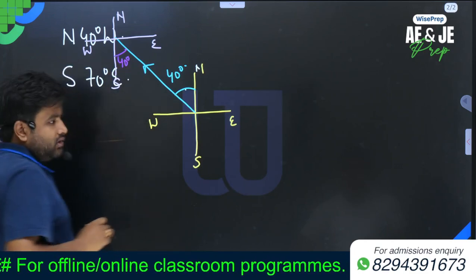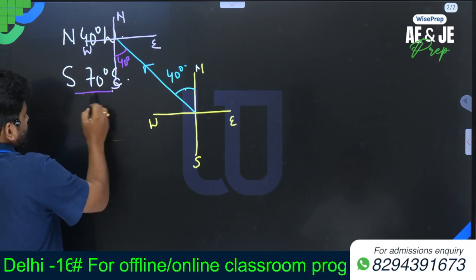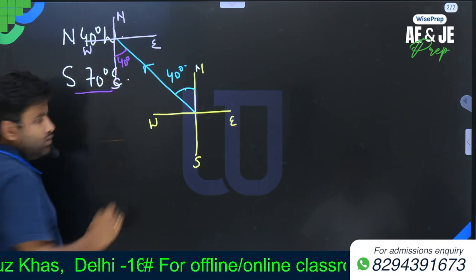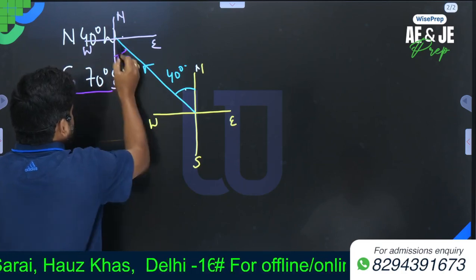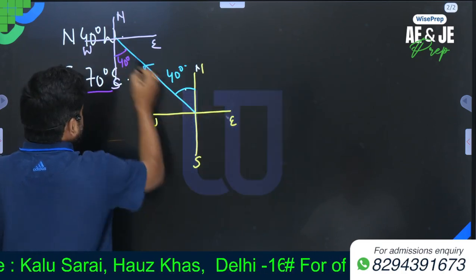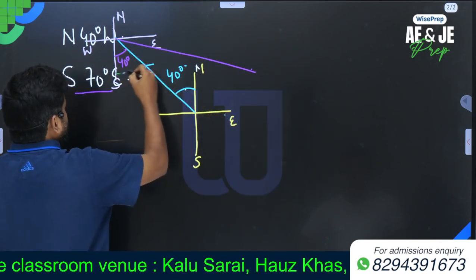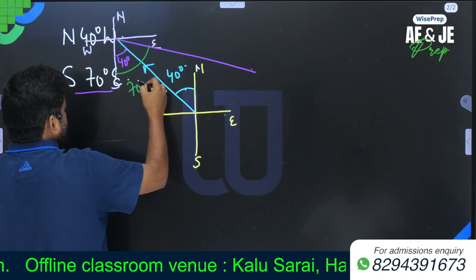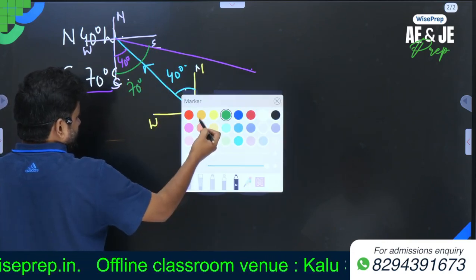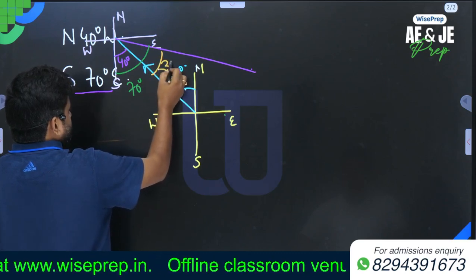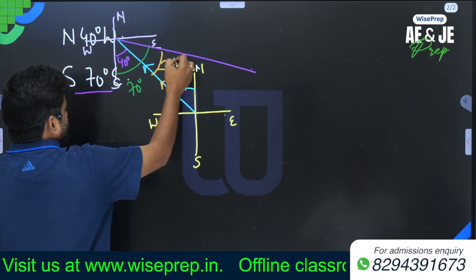Since south 70 degree east is more than 40, the line will not be on this side. Line will be this side. This is 70 degree. So this will be 30 degree.